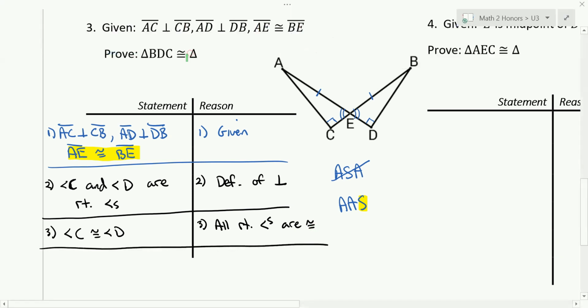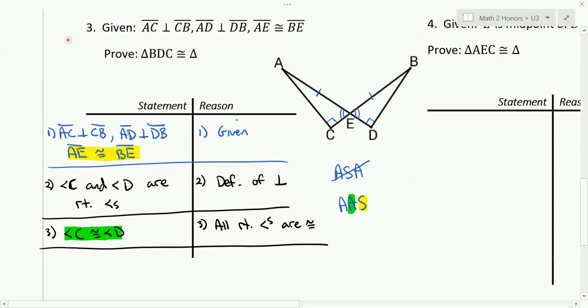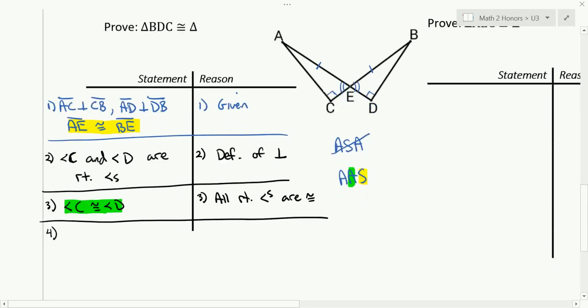So we've stated that an angle is congruent to an angle, so we have an A. We just need one more statement to get what we want for angle, angle, side. What else do we have to say is congruent to what? Angle AEC is congruent to angle BED.